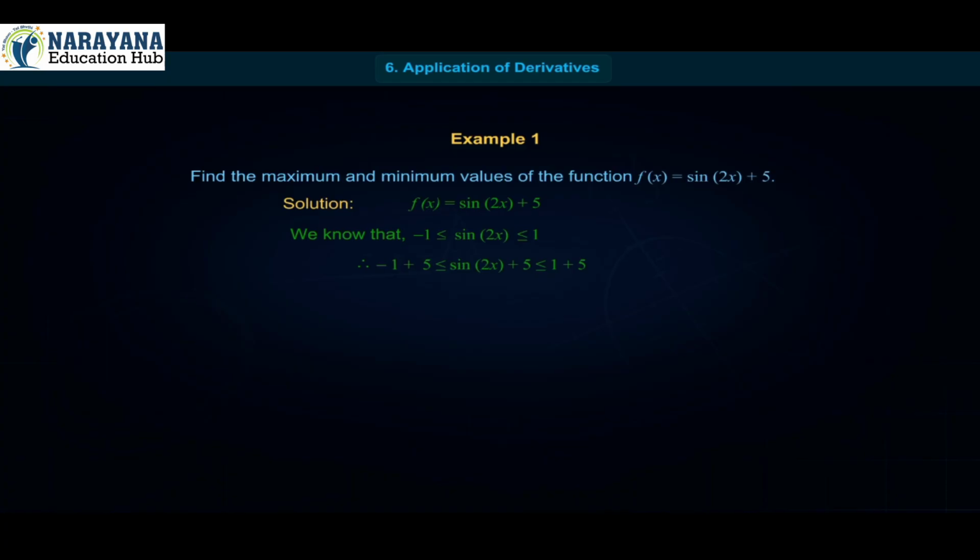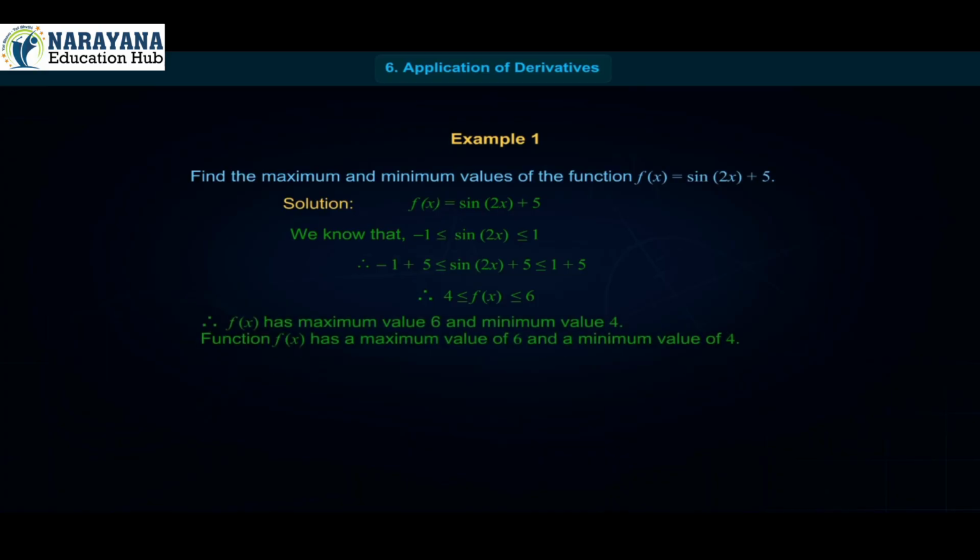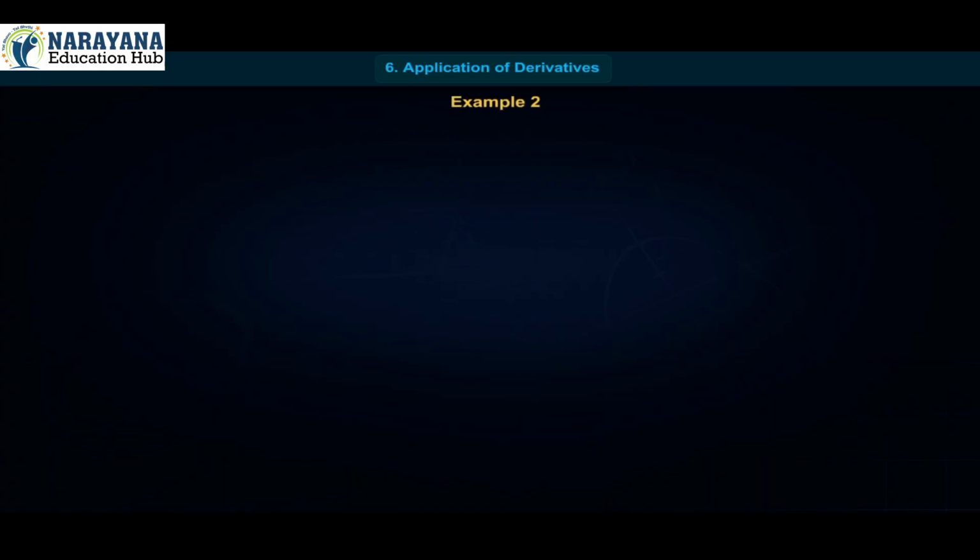Therefore, minus 1 plus 5 is less than or equal to sin 2x plus 5 is less than or equal to 1 plus 5. Therefore, 4 is less than or equal to f of x is less than or equal to 6. Therefore, f of x has a maximum value of 6 and a minimum value of 4.